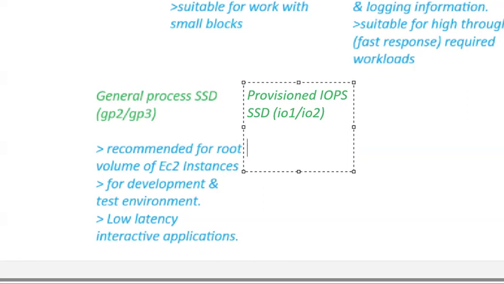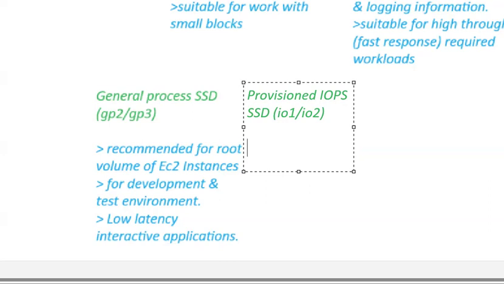These are recommended when you are processing your data, or storing your data, for high input outputs, for a large number of input outputs processing. Let's say I am holding a large database workload.